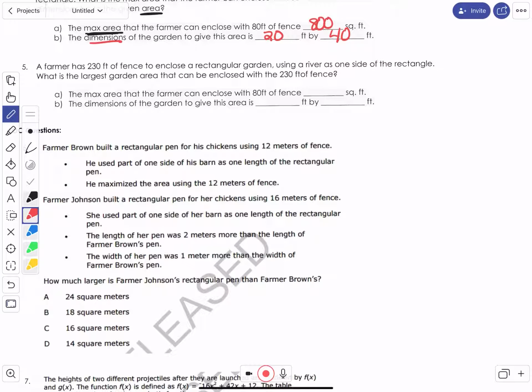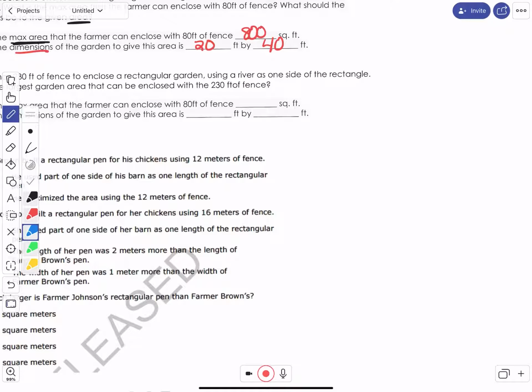A farmer has 230 fence to enclose a rectangular garden using a river as one side of the rectangle. Okay? So this time we have a river. It's the same way, except we're just doing a river instead of a barn. Okay? All right, so we have x and x, and we're going to do 230 minus 2x because you've got the 1, 2.